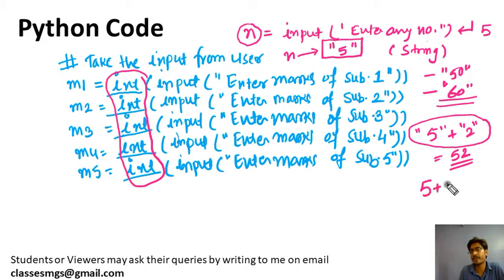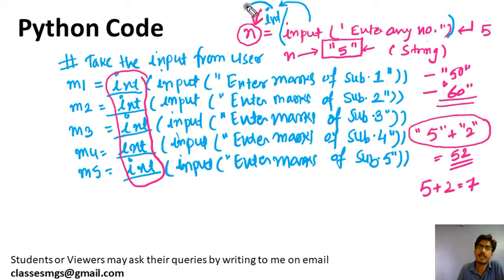To add like 5 plus 2 equals 7, we need to convert this value n into an integer, and for converting we use the int method to convert the value taken as input from the user. It will first be a string, and then we pass it to the int function, and it will return the value 5 as integer data type.